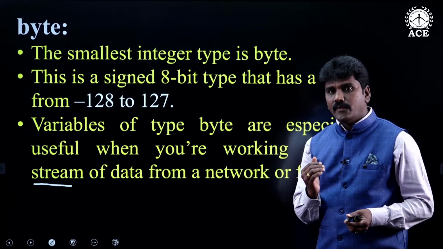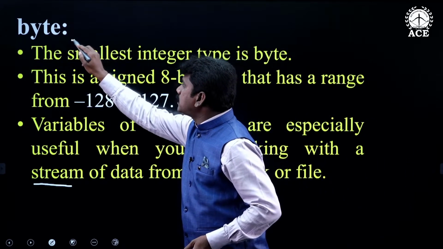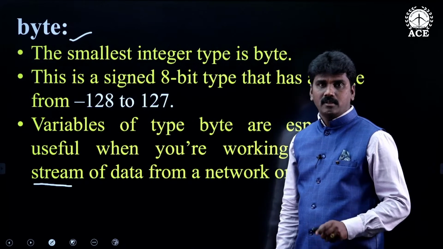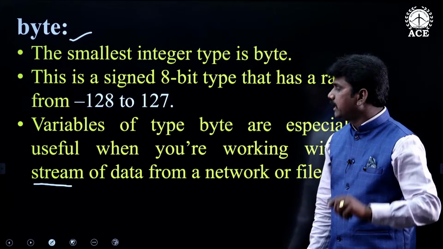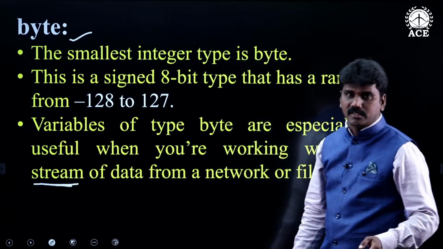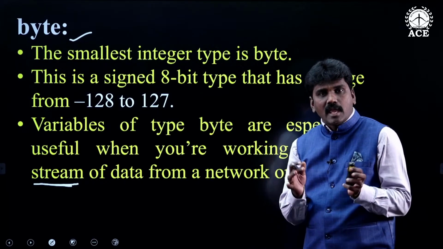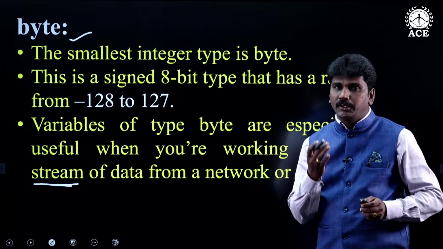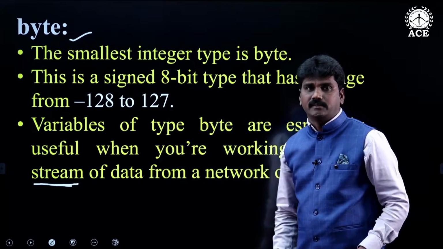Whenever we want to use the byte stream, in that case we can use the data type byte. So the byte data type can be used frequently whenever we are using the concept called streams, like FileInputStream and FileOutputStream classes, where the data can be in the form of bytes.